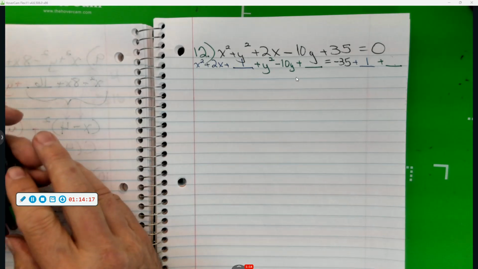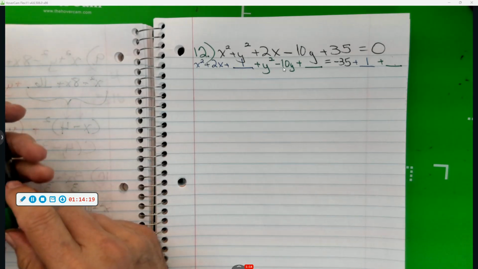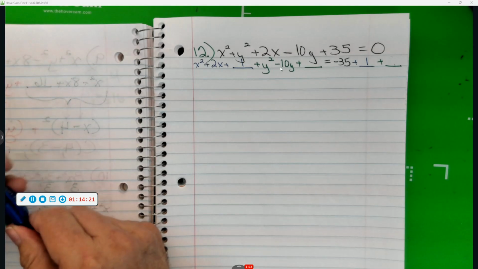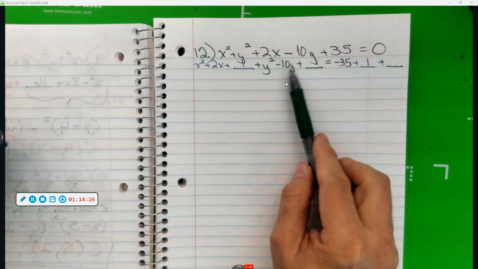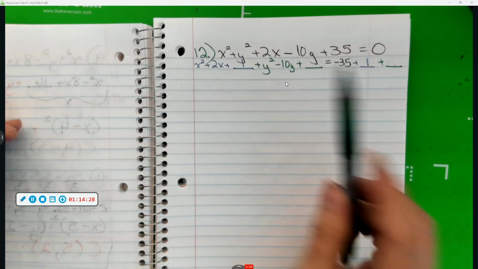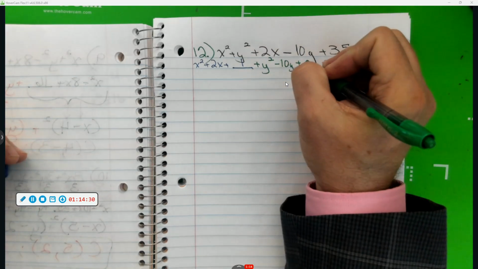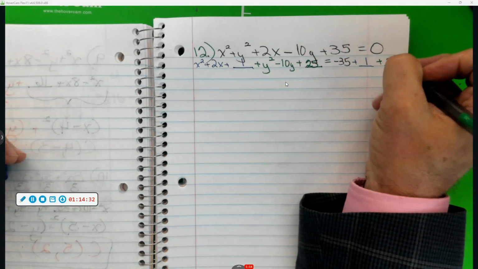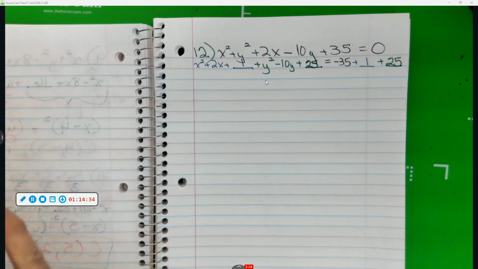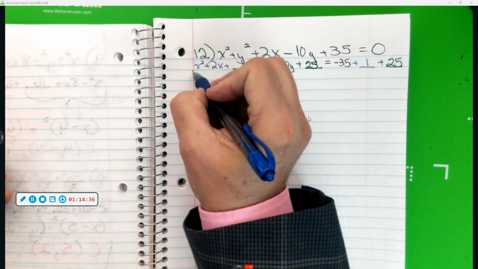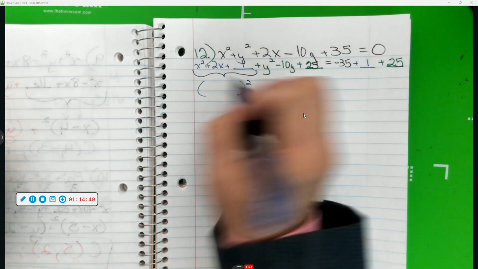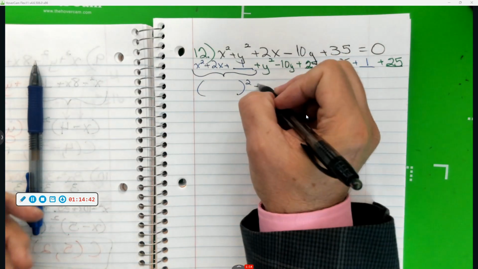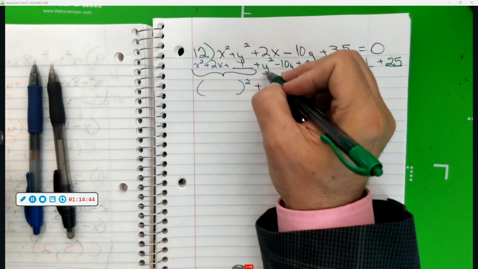Now tell me what's going to go in the green blank beside the y squared minus 10y. Okay, 5. Good. 10 divided by 2 is 5. 5 times 5 is 25. So, now I'm going to factor the x terms. Let's factor the y terms.